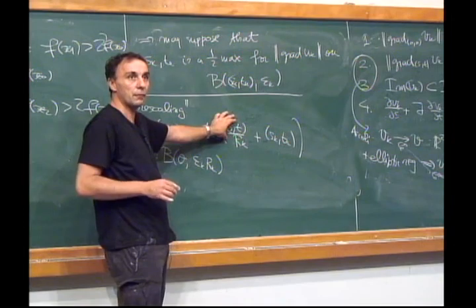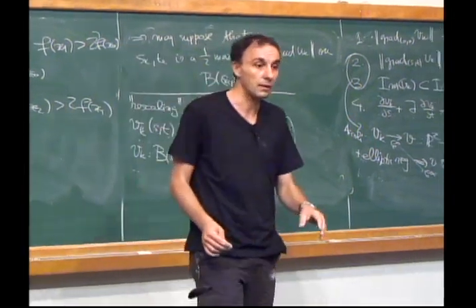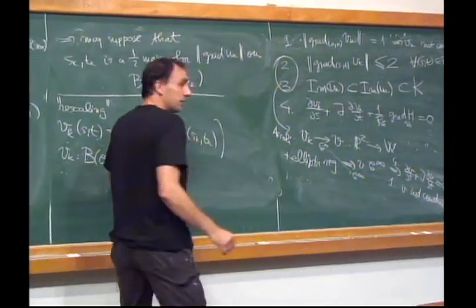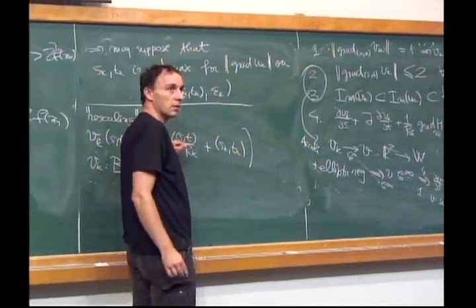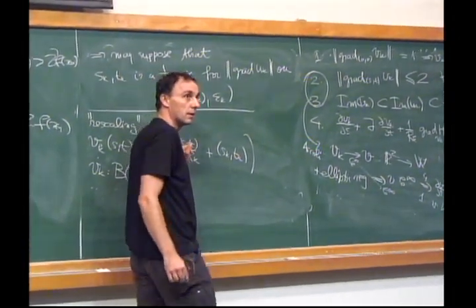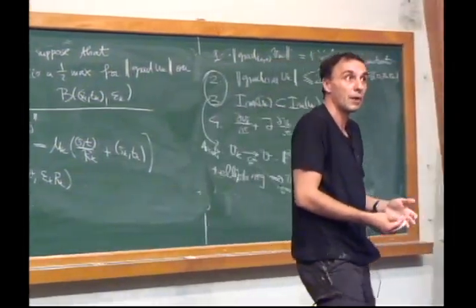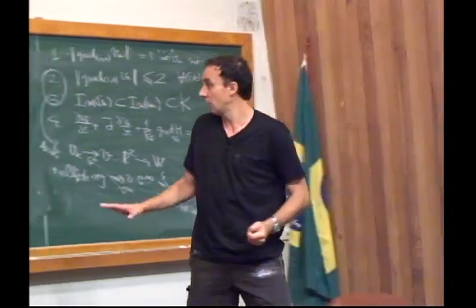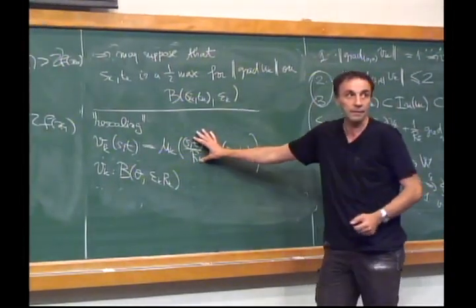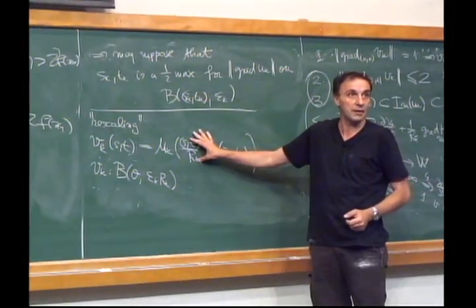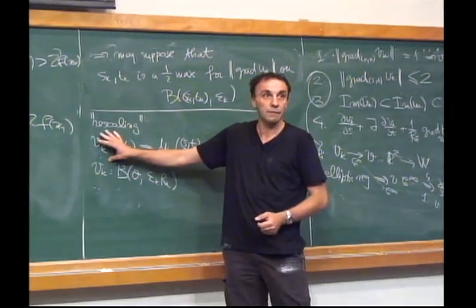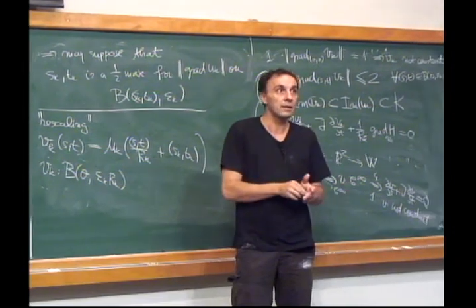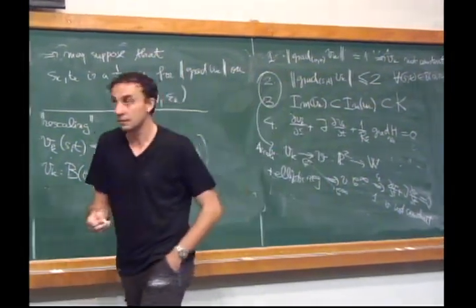And the symplectic area of UK is bounded, right? So we have a uniform bound on the energy. So all these UK have uniformly bounded energy, so all these VK have uniformly bounded energy. So this means that the energy of V is finite.